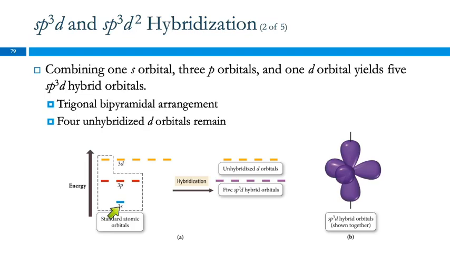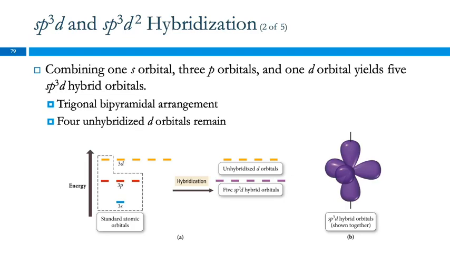We're taking the s sublevel and all 3 orbitals in the p sublevel and one of the orbitals from the d sublevel. And we're going to combine them. We're going to hybridize them. We're taking 5 orbitals and we're going to make 5 degenerate orbitals. Same shape, same energy, just spread out in space.